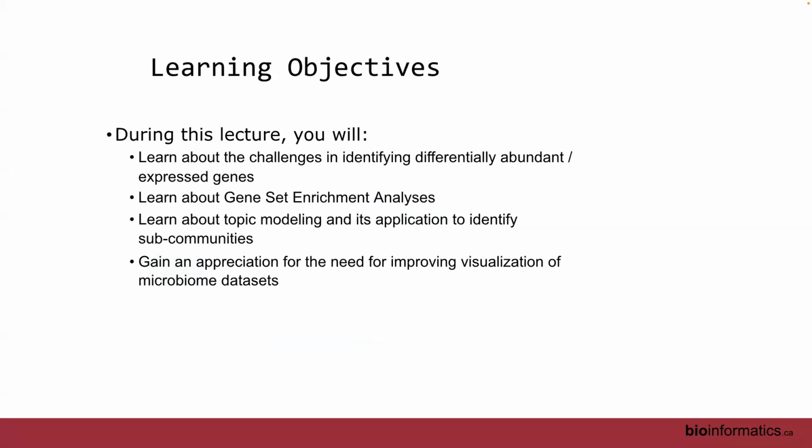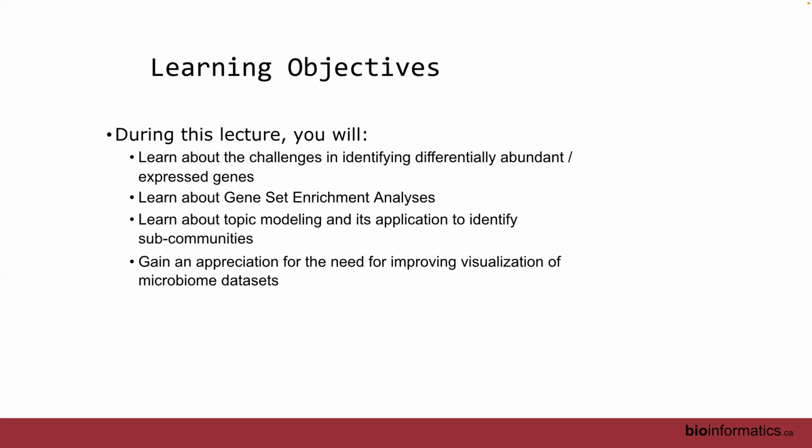I want to focus on, again, something that was touched on during the beginners workshop, which is these tools to identify significance in our data sets, whether it's changes in abundance of taxa, changes in abundance of genes in metagenomics data sets, or changes in the expression of genes as well. So how do we go about identifying these significantly differential features, whether it's taxa, genes, or the expression of genes?